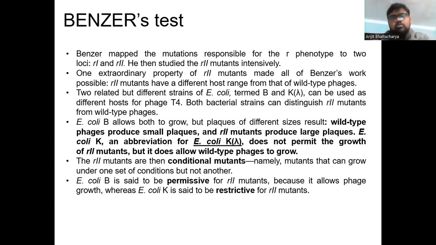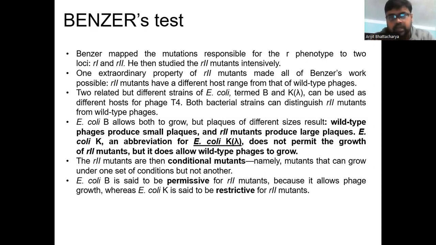Okay, so based on these typical signature characteristics, they thought, let us try to map these R2 loci in the genome of phage, because in my last slide, I discussed that we can map different mutants. If we have a collection of mutants corresponding to this R2 phenotype, how distant are those mutations?